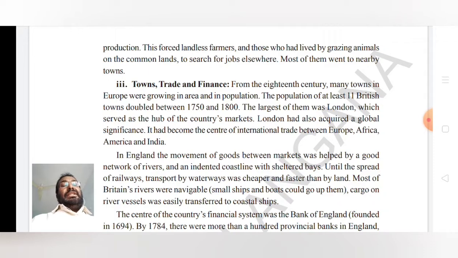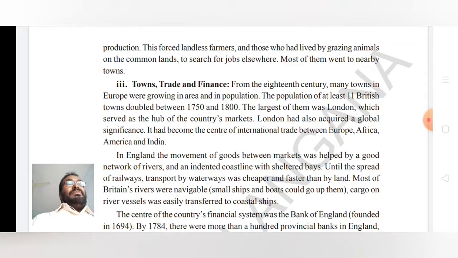And the third reason for England is the development of towns, then trade, and also finance. So from the 18th century onwards, Europe was growing in area and population. The population of 11 British towns doubled between 1750 and 1800.